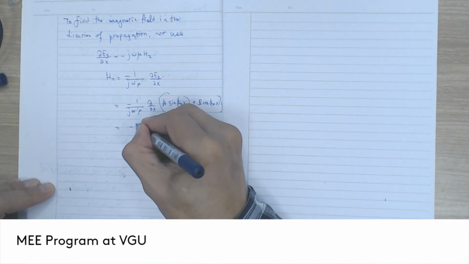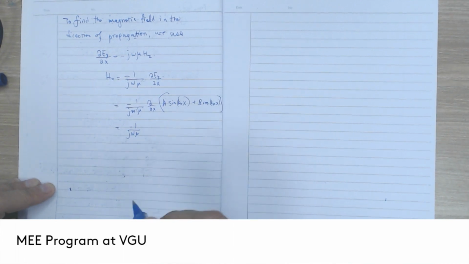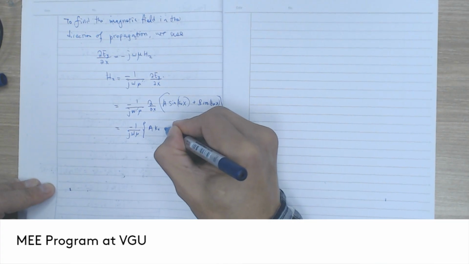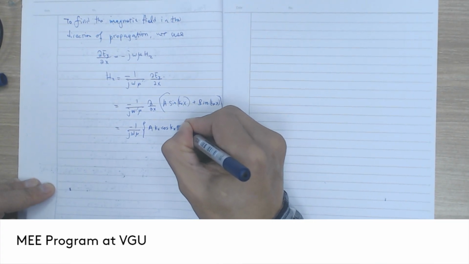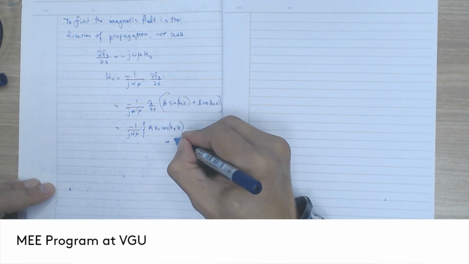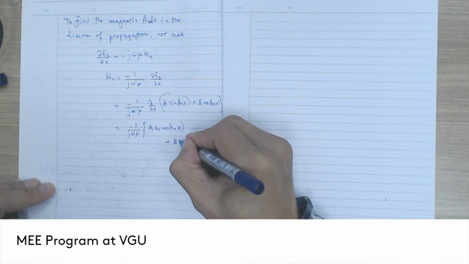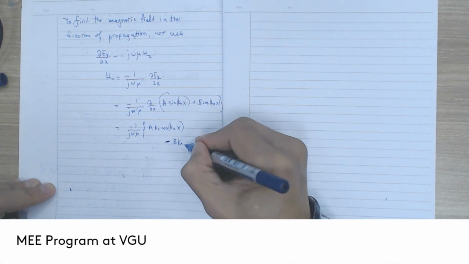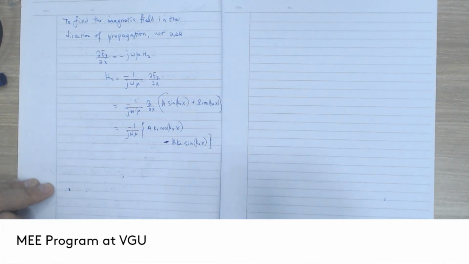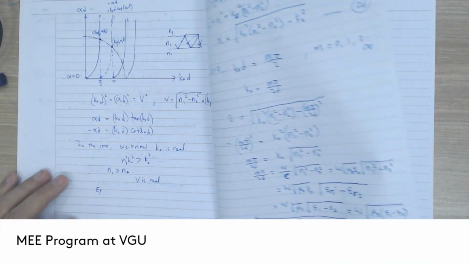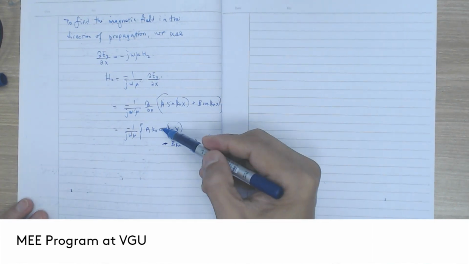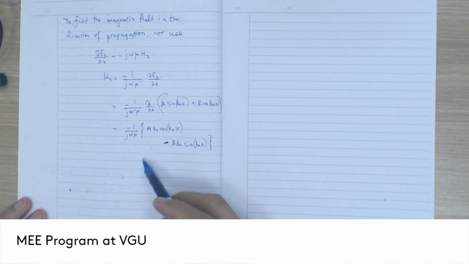So this is what you are going to get. Previously we have already managed to find kx, and you can substitute kx here, and then this is your solution.